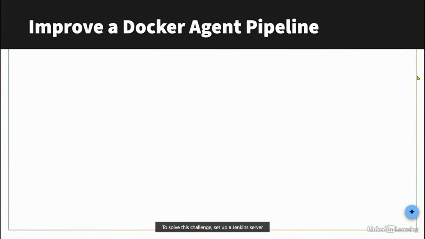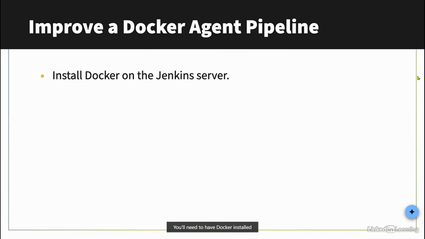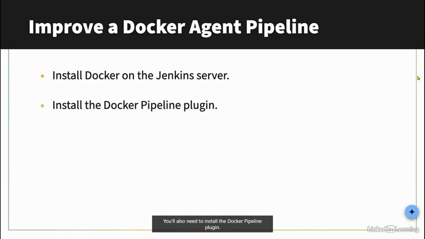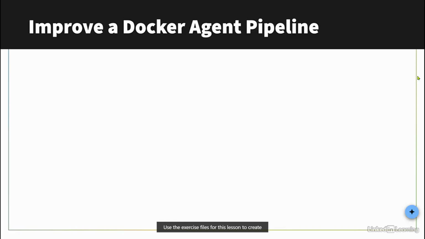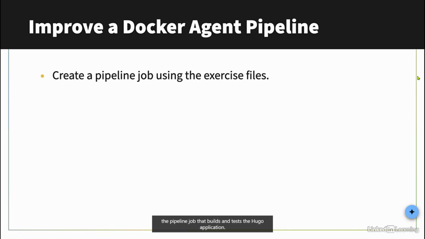To solve this challenge, set up a Jenkins server that can use Docker agents in a pipeline. You'll need to have Docker installed on the Jenkins server. You'll also need to install the Docker pipeline plugin. Use the exercise files for this lesson to create the pipeline job that builds and tests the Hugo application.